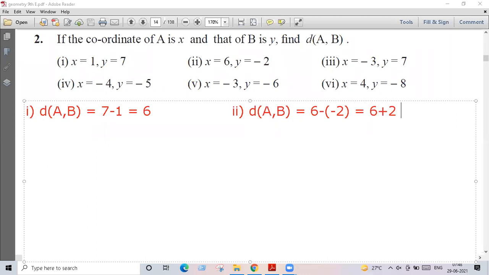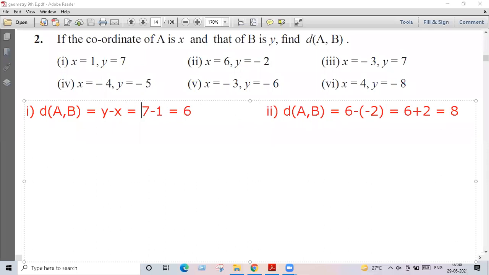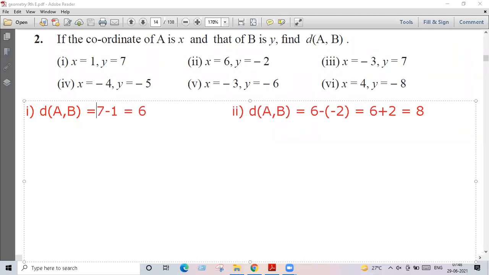How much did you get? 6 plus 2 is equal to 8. So this is the distance between A and B when x is equal to 6 and y is equal to -2. One more thing you can add here: y minus x, that is 7 minus 1. But I don't think that is required.